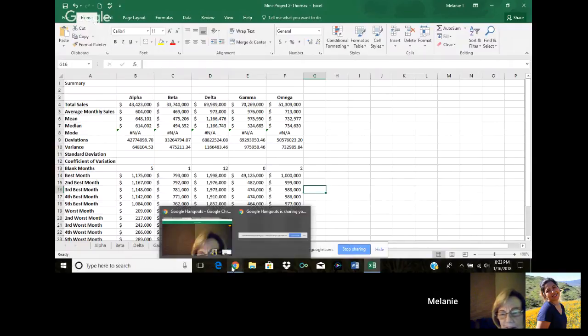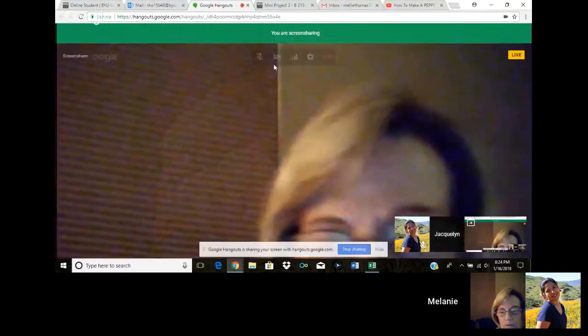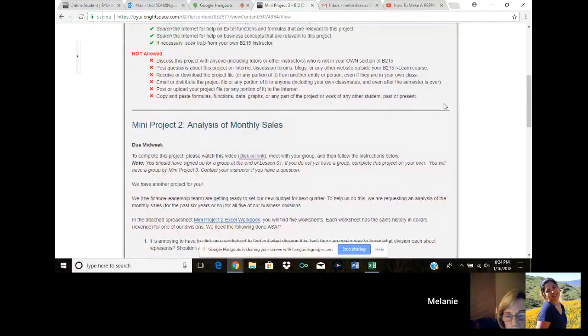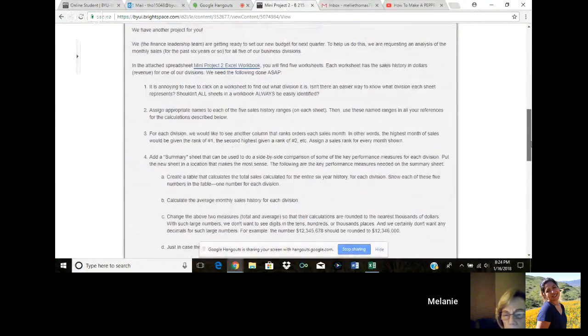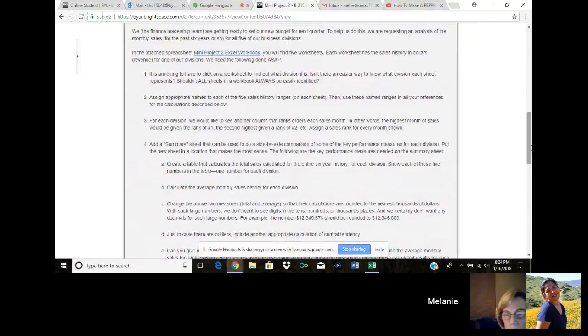On the mini project here, after you name the ranges, it tells you to rank it, like number 1 for the first month or the highest month, number 2. So that's what I just showed you.